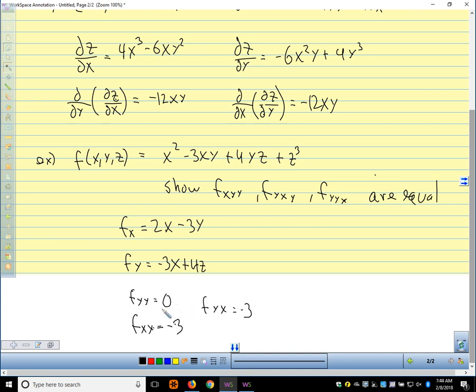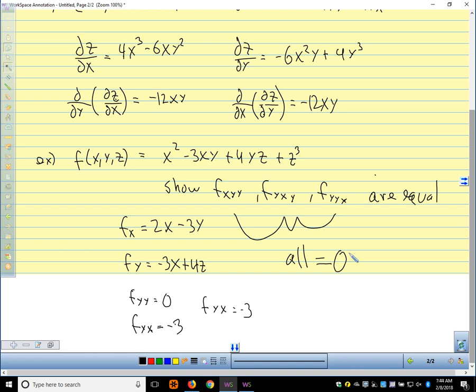Is this xx? No, I can't read my own writing, that should be y. When we take the derivative of any of these with respect to the other variable, what do we get? 0. I'm going to say all equals 0.